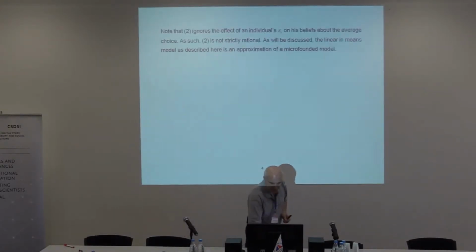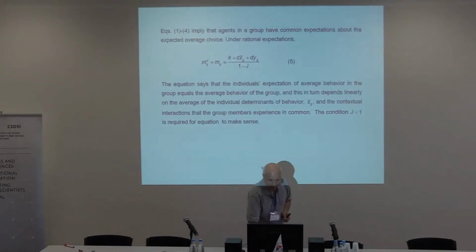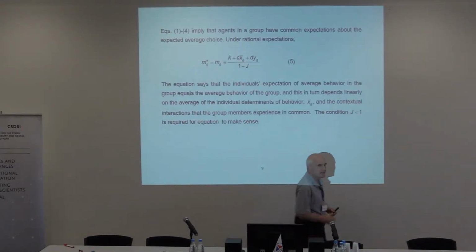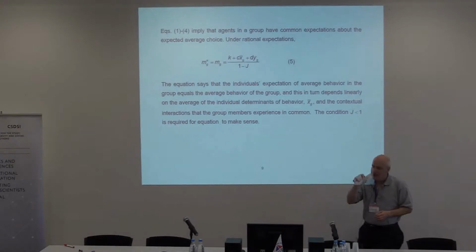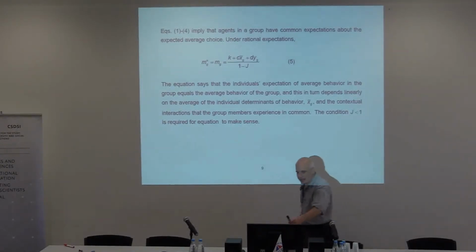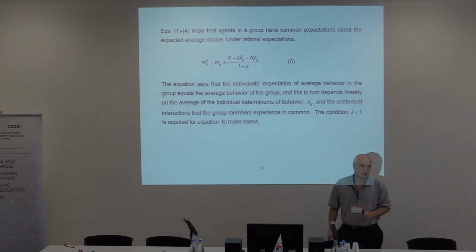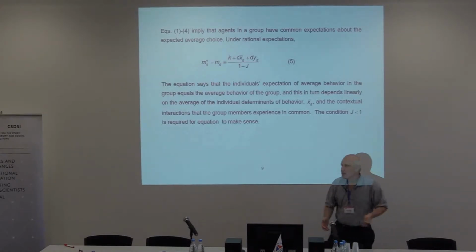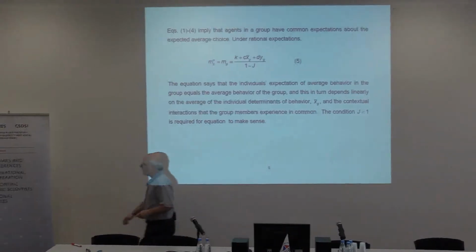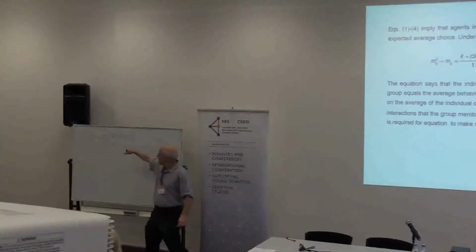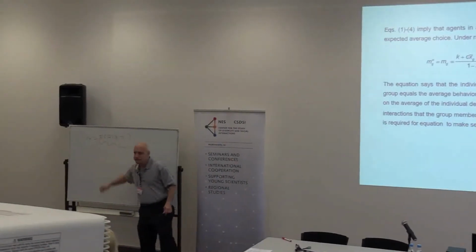Lo and behold, we have an equation. The expected value of M is equal to K plus C X bar plus DY, divided by 1 minus J. I just take the original behavioral equation, I take the expected value of both sides, I rearrange terms, and that gives me explicitly the relationship defined here.